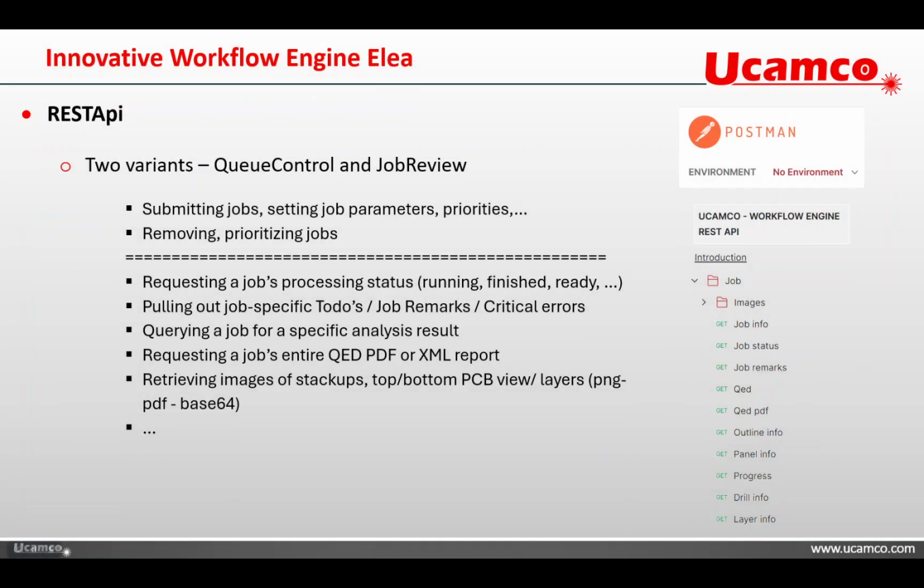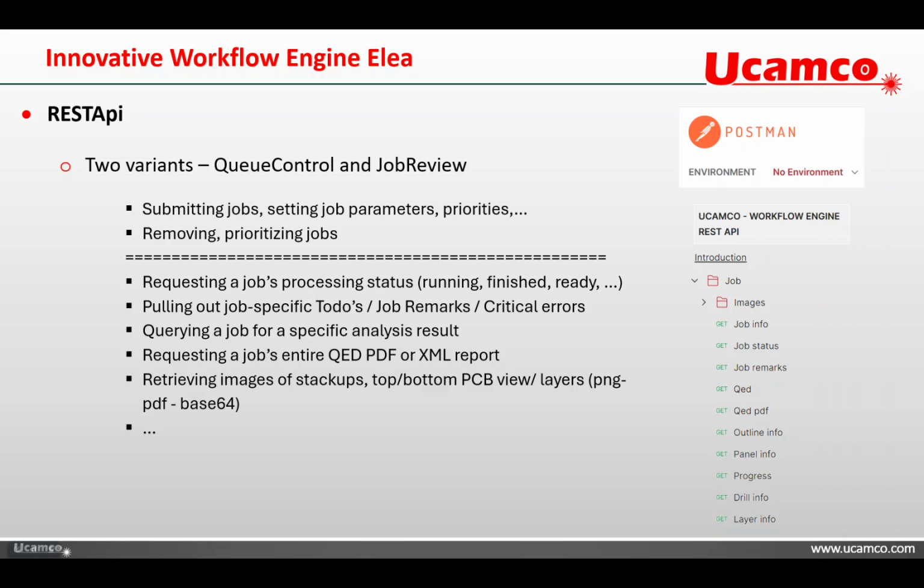The REST API, as I said, we offer as a product for you, the end customer, to make it part of your integration and your communication between systems. It's basically offered in two variants. One is called Queue Control and the other one is called Job Review.